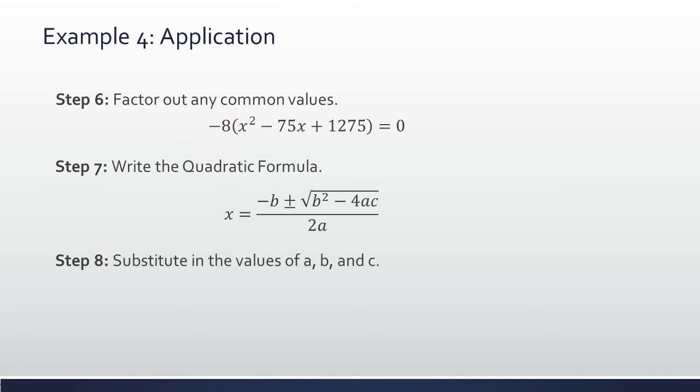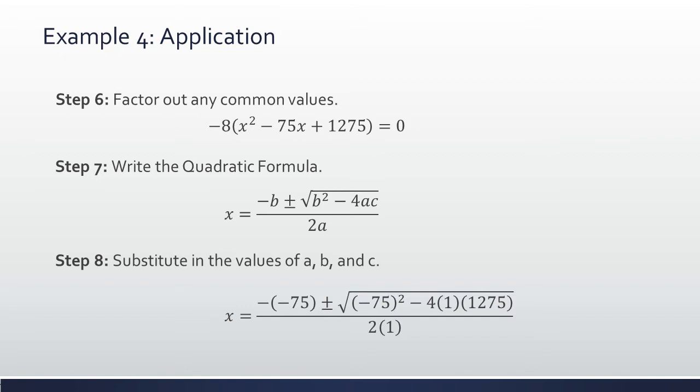So then we're just left with x squared minus 75x plus 1275. So plug in each of those values. Our B is negative 75, so minus negative 75 plus or minus the square root of negative 75 squared minus 4 times A, which is 1, times C, which is 1275, all over 2 times A.